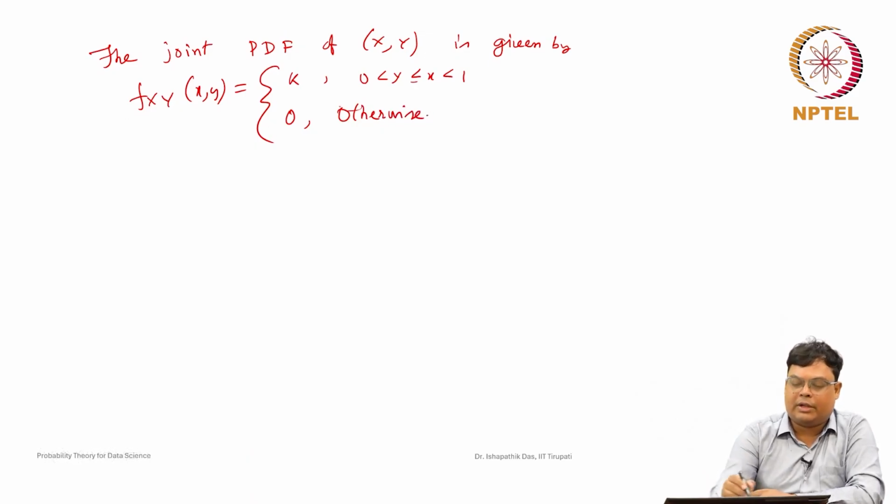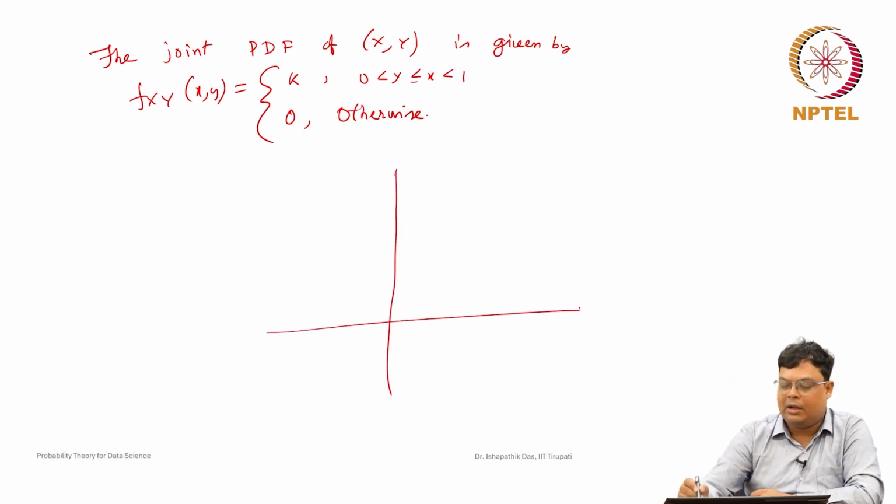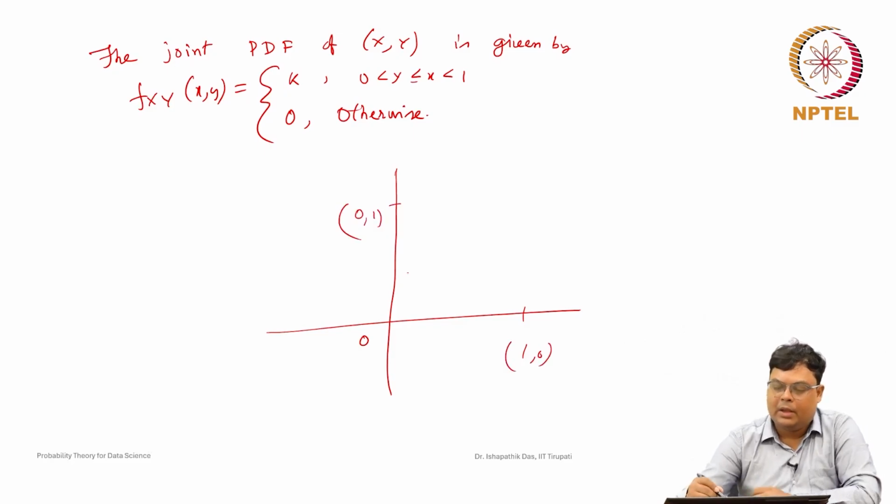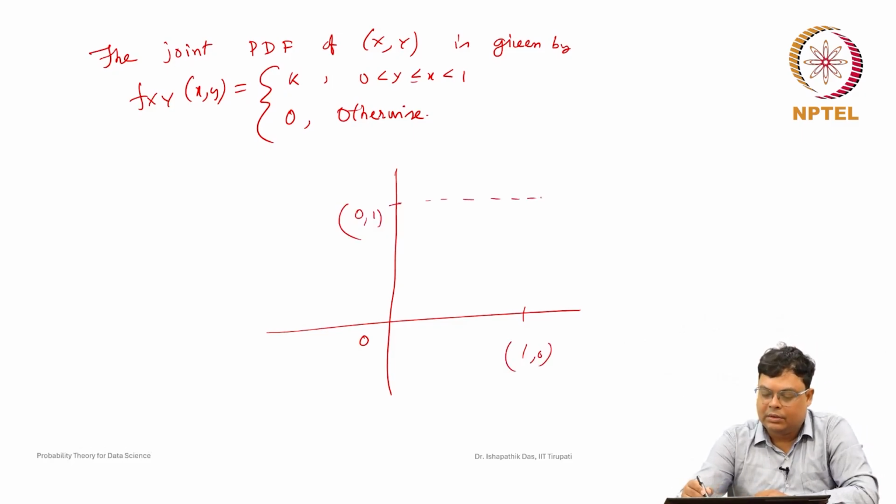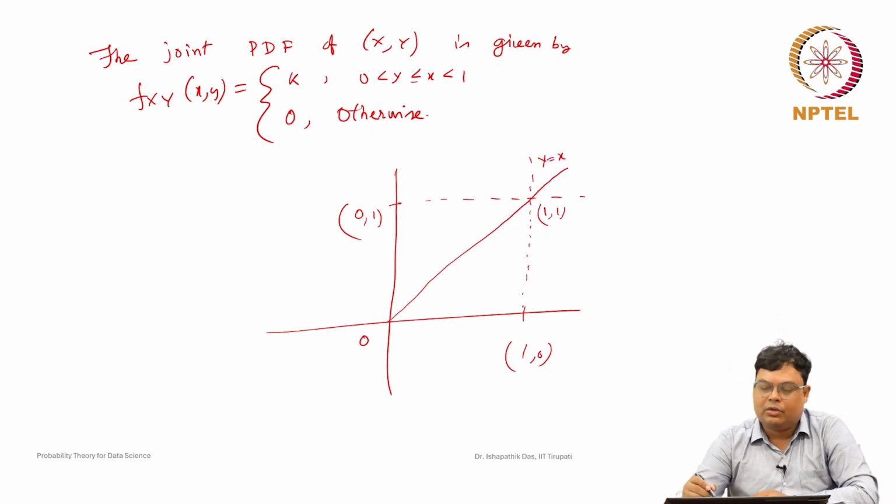So, actually it is non-zero in the domain y ≤ x < 1. If you draw the graph, suppose this is 0, this is 1, this is also 1, and this point is (1, 1). Now, if you draw the line y equal to x, y is less than or equal to x in this region.